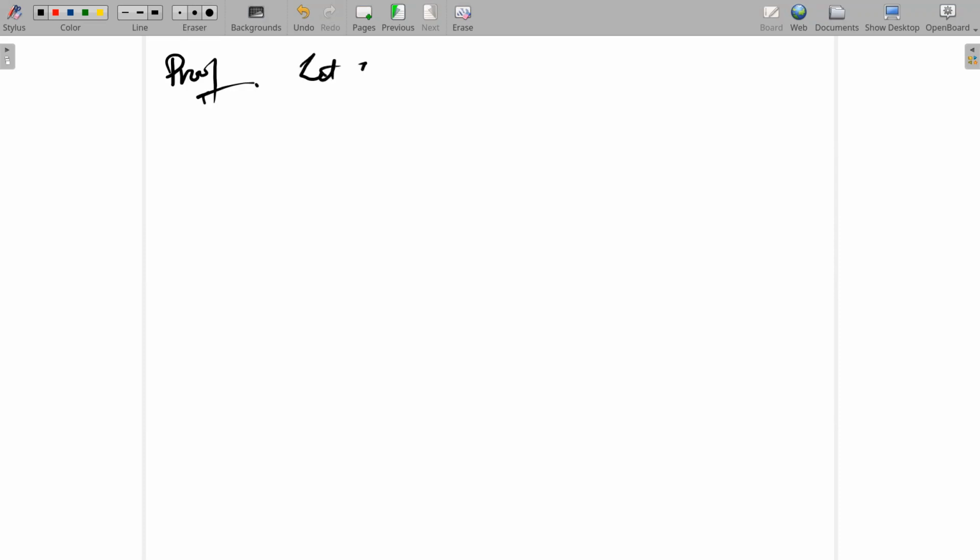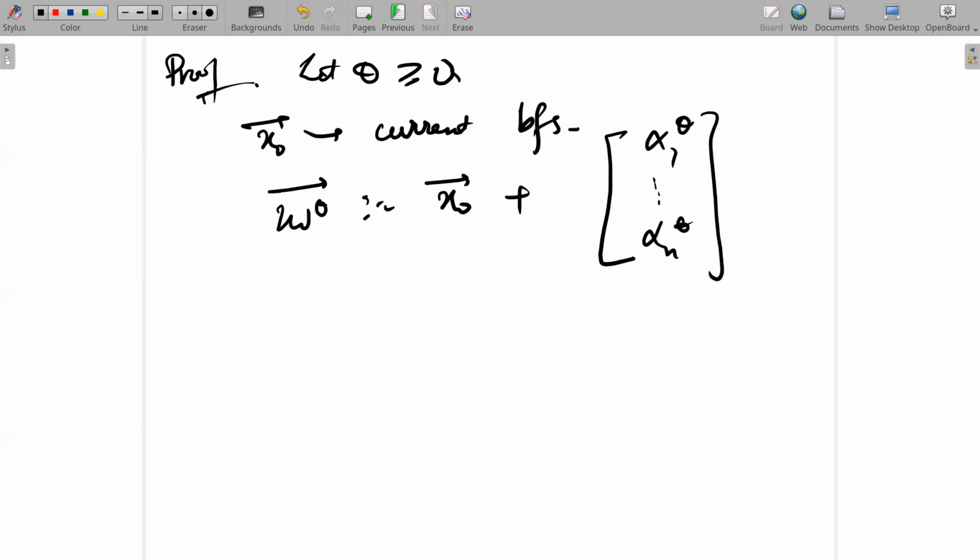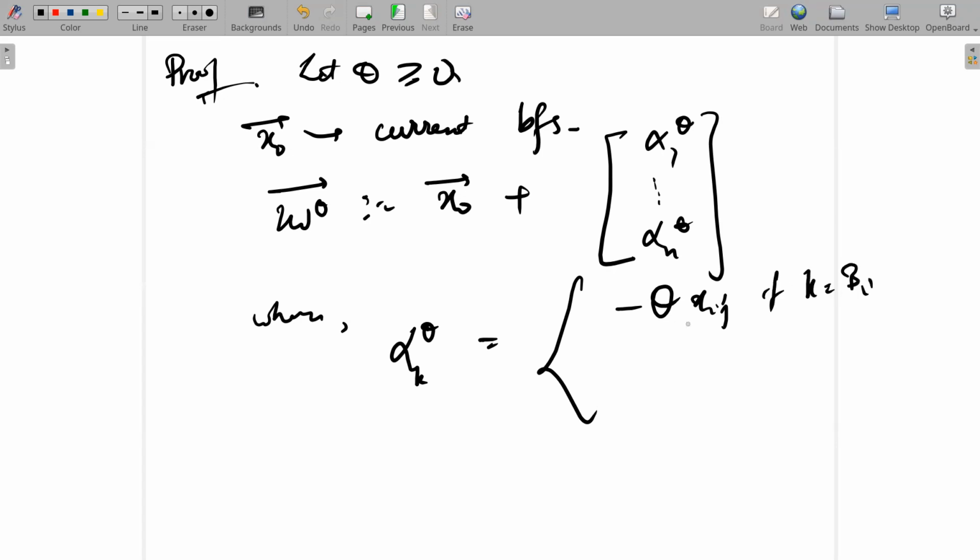So proof: let theta be something bigger than or equal to 0 and x naught be the current basic feasible solution. Now define w theta to be x naught, our original thing, and then I'm navigating in this direction, alpha 1 through alpha n theta, where alpha k theta, that is the kth coordinate of this perturbed vector, is minus theta Xij if k equals Bi, because essentially we did x naught i minus theta Xij.